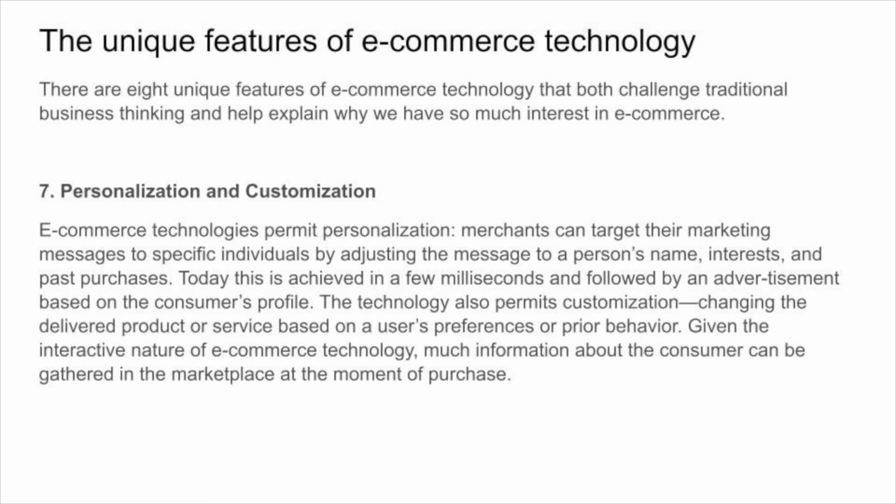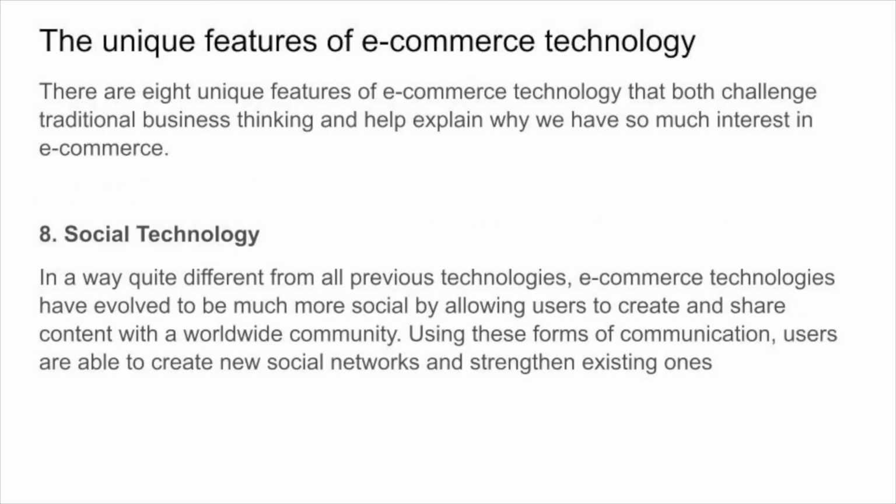The final unique feature of e-commerce technology is the idea of sociability. E-commerce has allowed for a much broader ability to have two-way communications. And these technologies really then have become more social. The sharing of content into a worldwide community between users, back and forth, and the ease of this activity has made it a social platform.